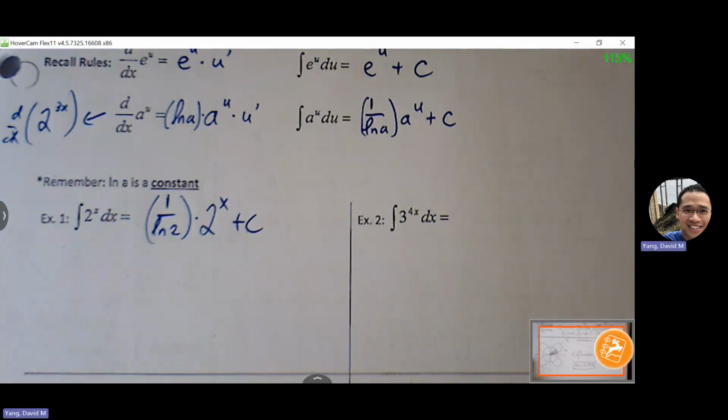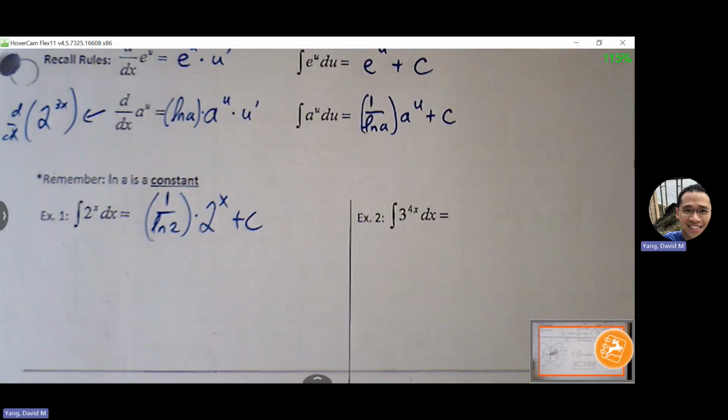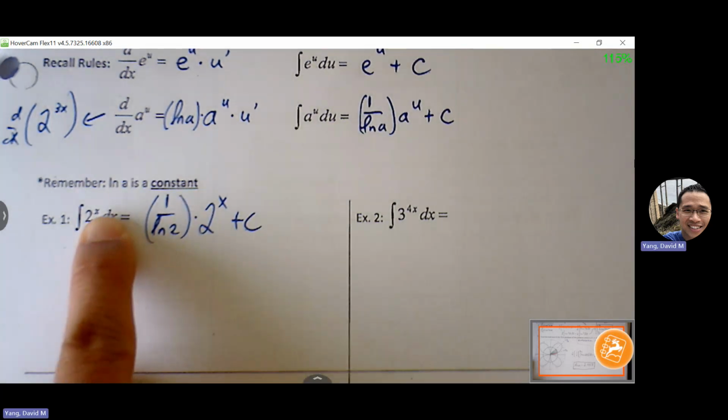Okay, number 2, also an exponential function, also the same rule, but this one we have to go through a little bit of what? Not power rule. Is that through the exponent? Yeah, it has to do with the exponent. What do you have to do with the exponent now? U substitution. Yeah, u substitution. Because if it's just x, there's no need for u substitution.